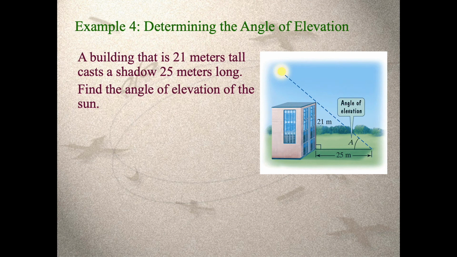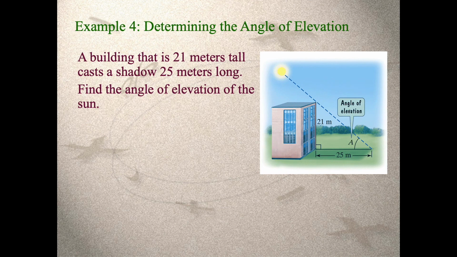So this time we're missing the angle. But notice that we don't have the hypotenuse again this time. We have the opposite side and the adjacent side. So again, tangent is going to be very helpful here. Had we had the hypotenuse, we could have chosen sine or cosine.